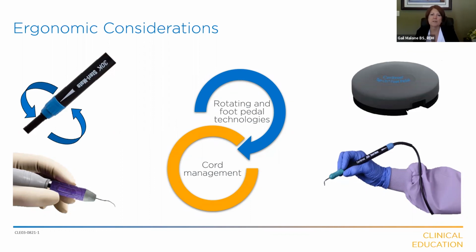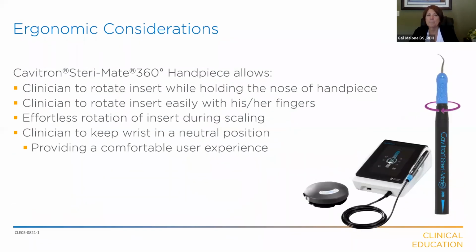Depending upon the model that you're using, it's either in the cable itself or it's in the handpiece. The wireless split control also provides some nice ergonomic considerations, along with thinking about our cord management and how we're positioning that cord. And again, we'll address this as part of the hands-on session that we have coming up.